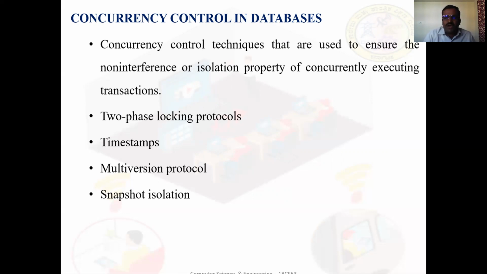Another protocol is based on the concept of validation or certification of a transaction after it executes its operations. These are sometimes called optimistic protocols, and they also assume that multiple versions of a data item can exist.